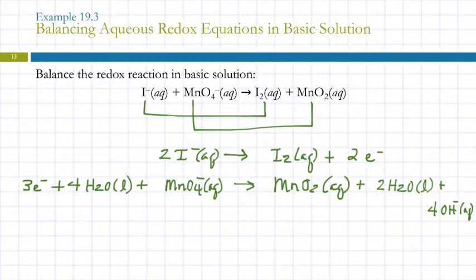Oops, that's not what I wanted. So multiplying by 3, I get 6I minus and 3I2 and 6 electrons. The bottom, to get 6 electrons, I'm going to multiply by 2. Got to multiply everything by 2. So that gives me 4 times 2 is 8.